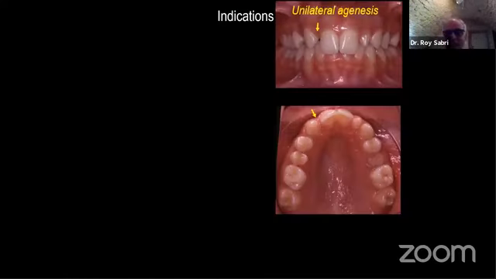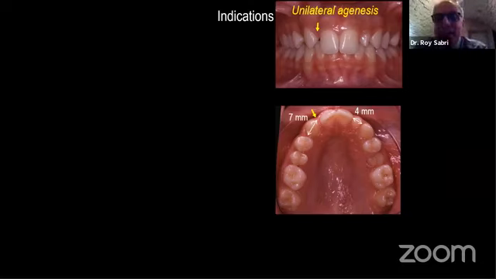So again, depending on the cases, this is why I want to show you this unilateral agenesis. Any knowledgeable restorative dentist will tell you that there is no way he can give you symmetry with a very undersized, peg-shaped lateral on one side and a large, huge canine on the other side.